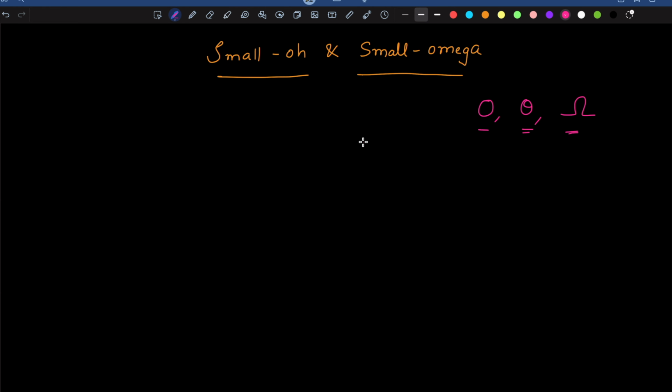Yes. So there are two other interesting notations, just like we have a big O and a big omega. The other notations are small O and small omega.